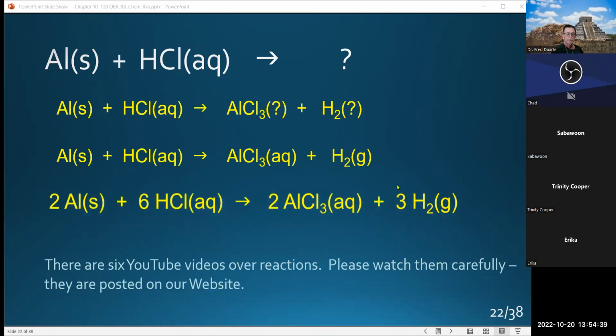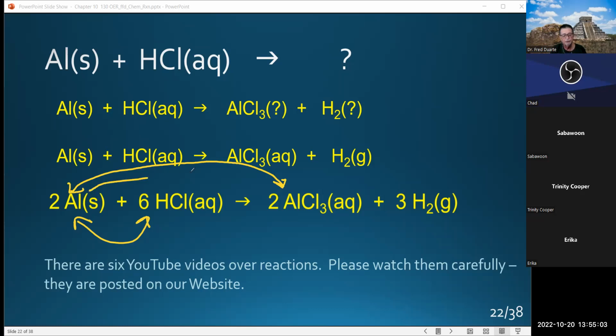All right, so there you go. The ratio of aluminum to HCl is 2 to 6. You can see all the different ratios there. From here to here, so 2 to 6 ratio. From the aluminum to the aluminum chloride is a 2 to 2 or a 1 to 1, if you see that.